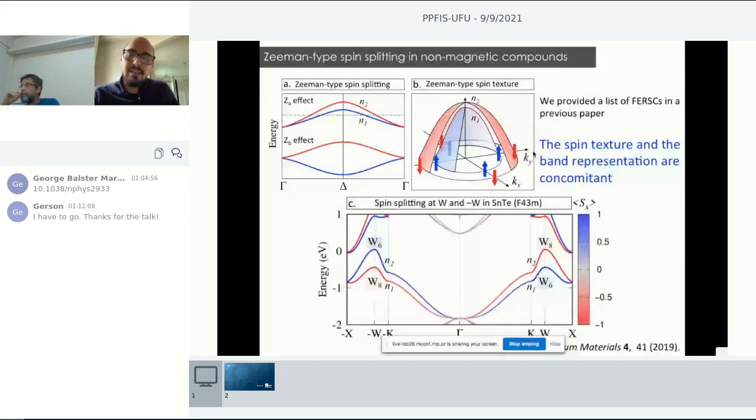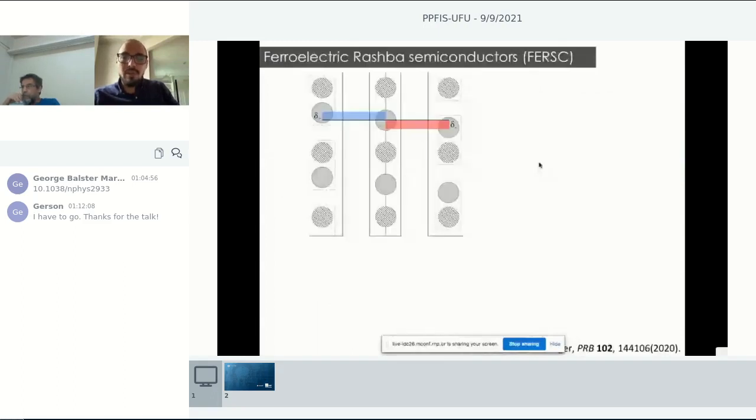The main idea is that this W point doesn't have time reversal symmetry, but the compound preserves the time reversal symmetry. So we have a spin splitting that looks like Zeeman in a compound that has no magnetic field. If I convinced you about the contradiction of interpreting the spin polarization using the global symmetry of the compound, I'm going to go to the next subject.